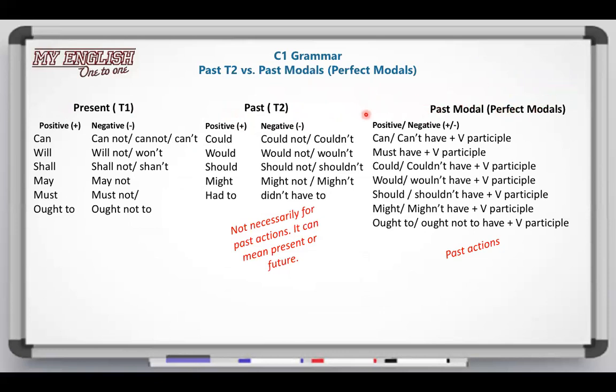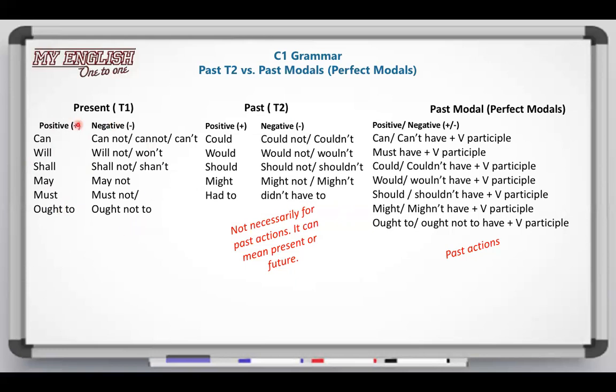All right. So very quickly, here we have a list of all the modal verbs in positive and negative in this present form or T1. Now, it is important to notice that although these are present, many of them can actually be referring either to present or to future.